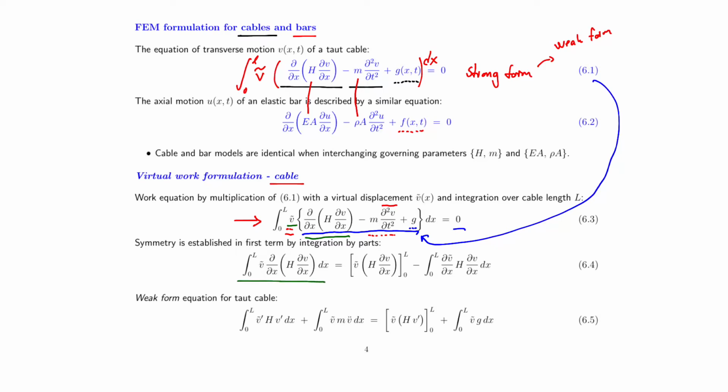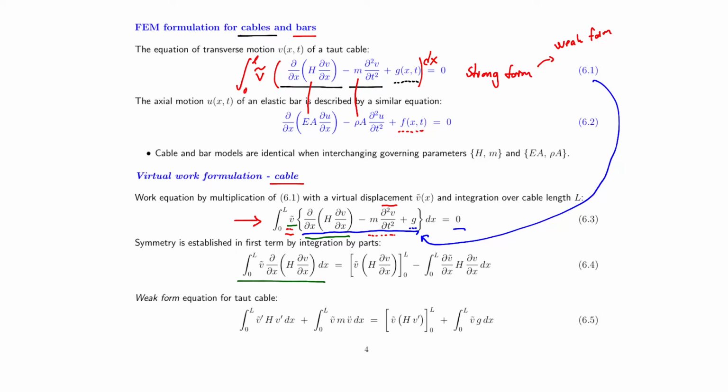And this we do by integration by parts. If you are in a more complex finite element form with multiple dimensions, you will not use the integration by parts approach. You'll simply use the divergence theorem, which is the extension of integration by parts to multiple dimensions. But we have a single 1D element, so we can rely on basic integration by parts.